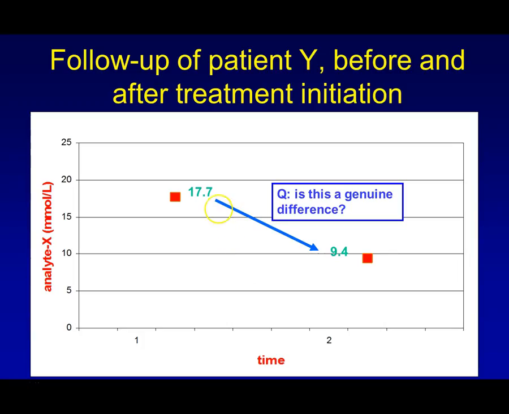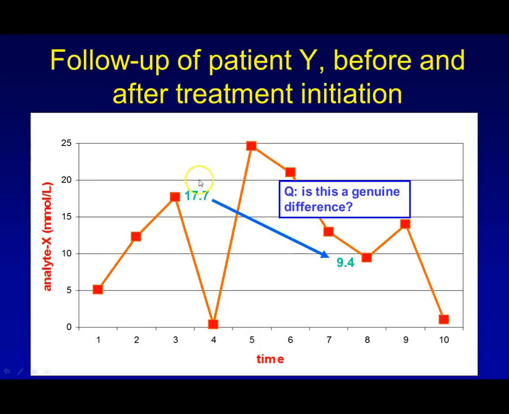Please consider that there's only one measurement in clinical chemistry most times, before and after treatment initiation. And we don't know exactly what the variation on this analyte is. Is this a real difference? We don't know. Maybe this was the curve of all values that appeared in this patient, but we only measured this and this.